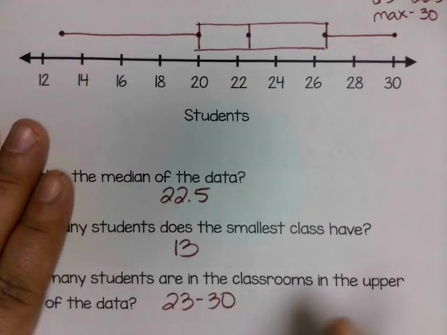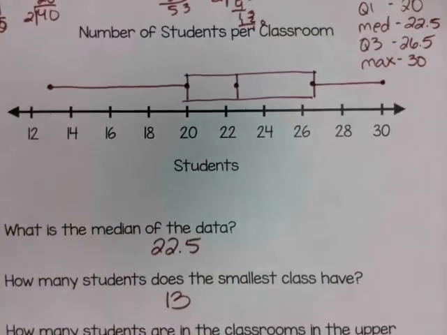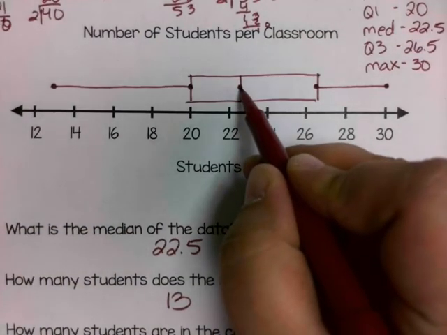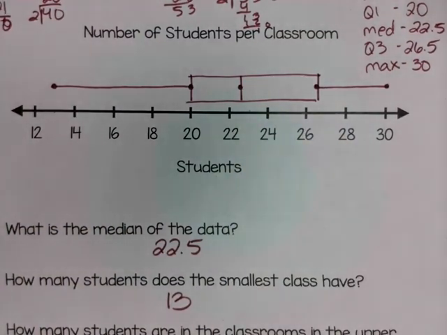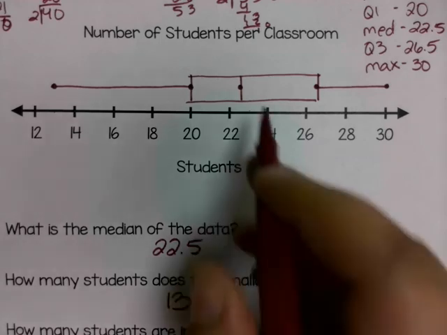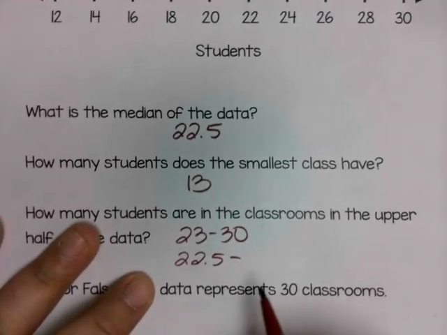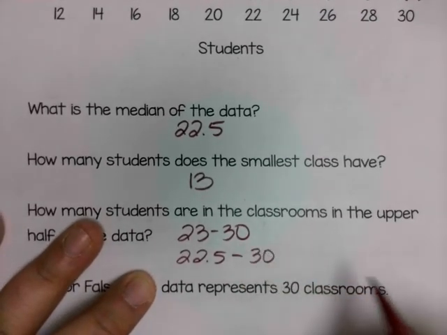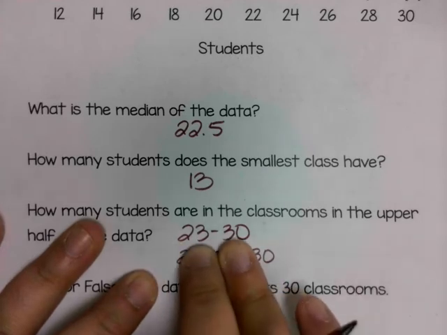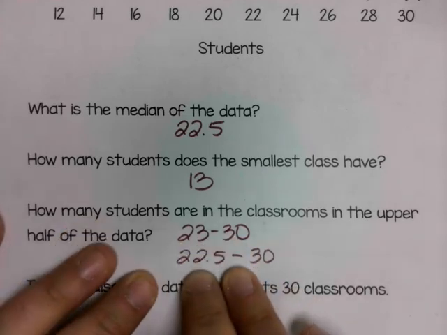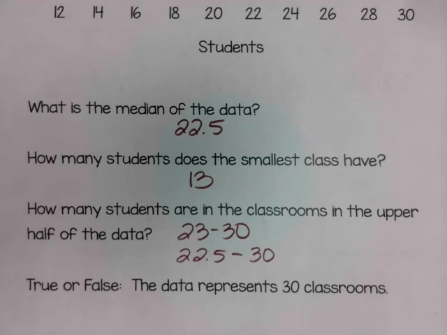If you were looking at the box plot only though, it would be from the median. Again, we already knew the median was 22.5. And then it would go to the maximum, which in this case is 30. So this was from the actual data set. This was from the box plot.